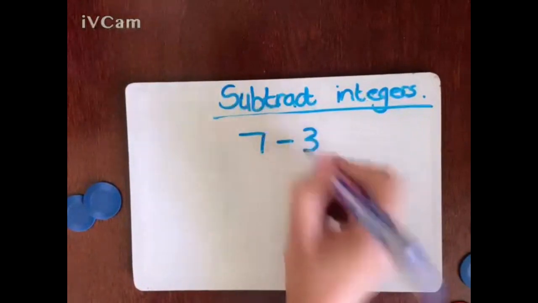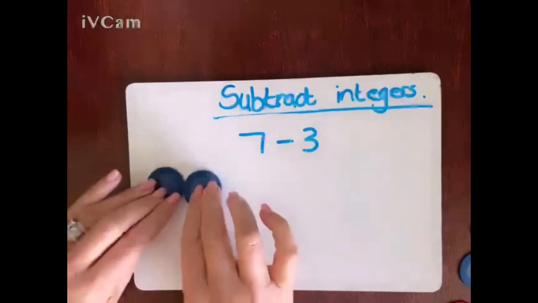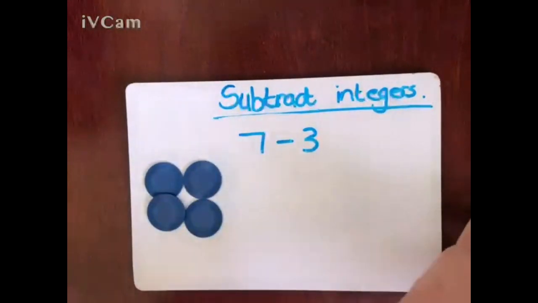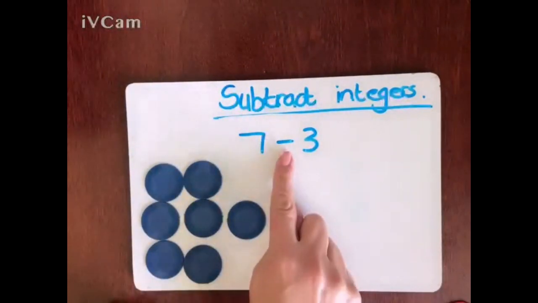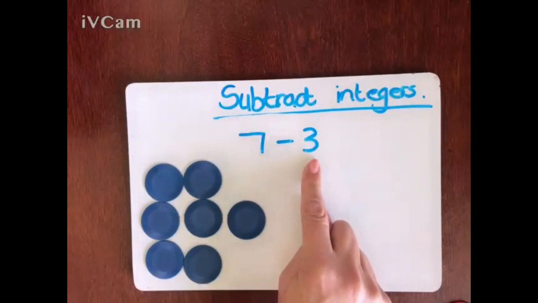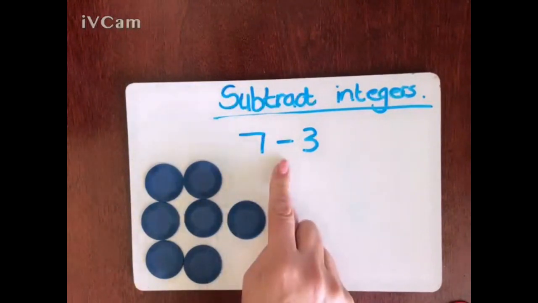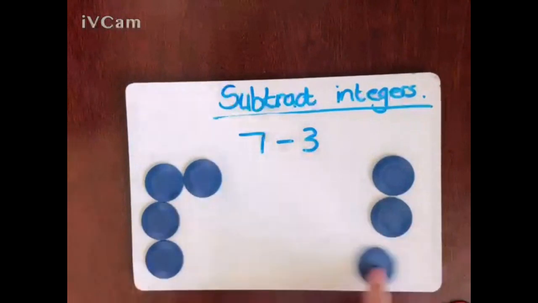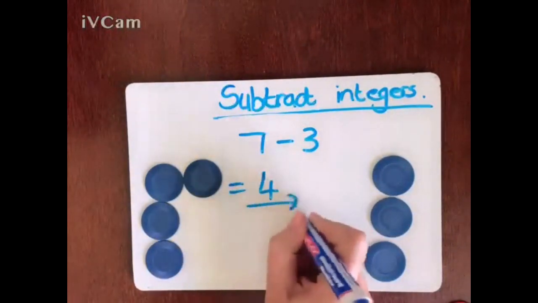This one, 7 blue discs because it's a positive number, take away 3. 3 blue discs. 7 blue Smarties, take away 3 blue Smarties. 1, 2, 3, and I'm left with 4 blue Smarties.